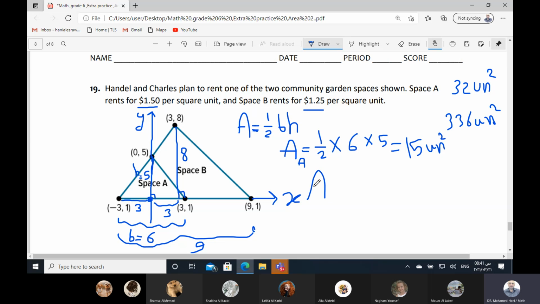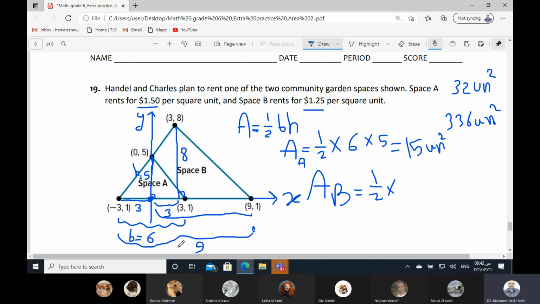And the area of space B, the same formula, 1/2 times the base. This is the base of B. As you see, this is the origin. From here to here, we have 3, and from here to here we have 9.